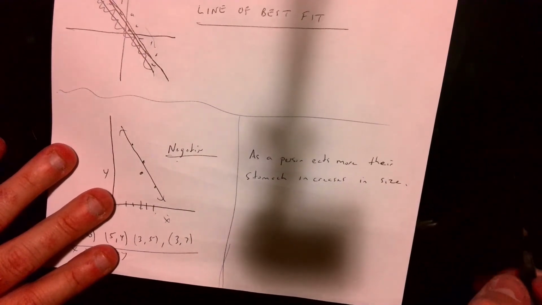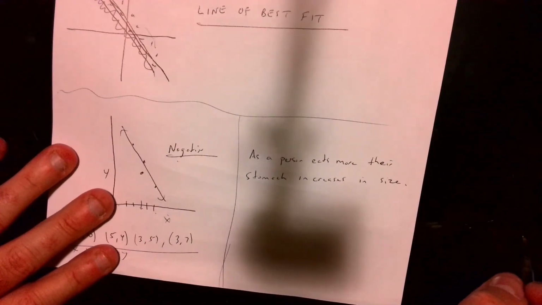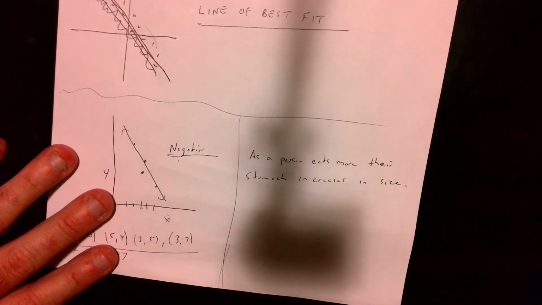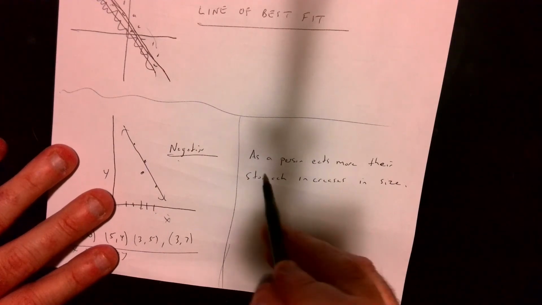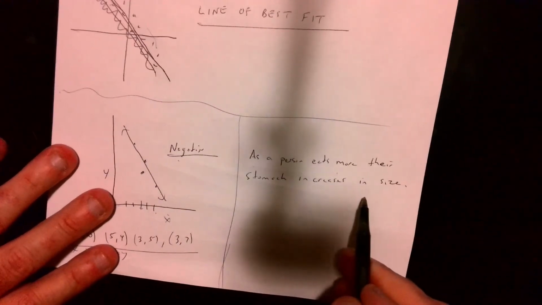Does this have a positive correlation, a negative correlation, or no correlation? As a person eats more, their stomach increases in size. So there's like 10 of these questions, so I hope you're paying attention to this. As a person eats more, their stomach increases in size.